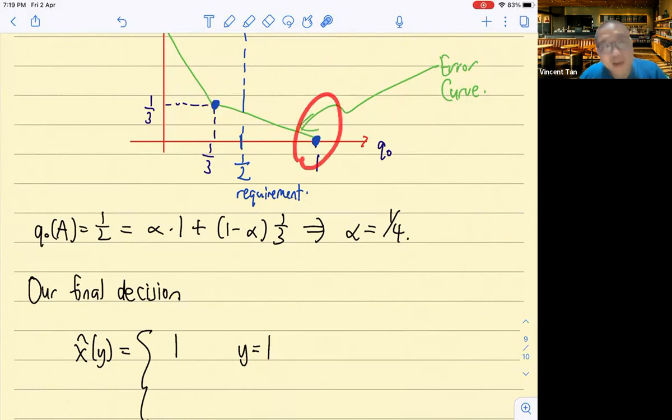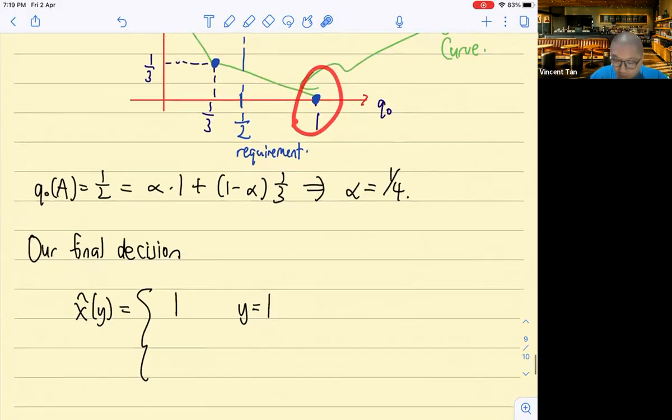In here, we always say 1. Always. So here, y equals 1, we always say 1. Now, the only issue is when y is equal to 0. Under the ML rule, we say 0. But under the other rule, we say 1.